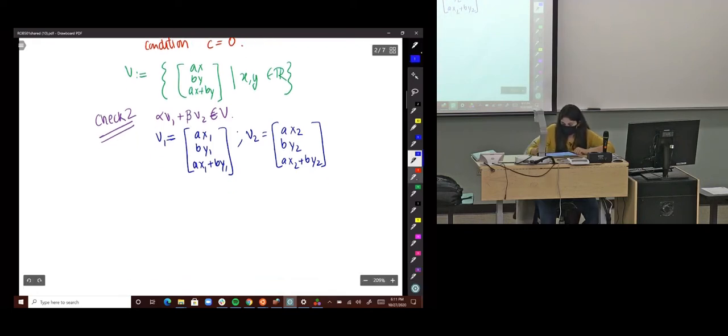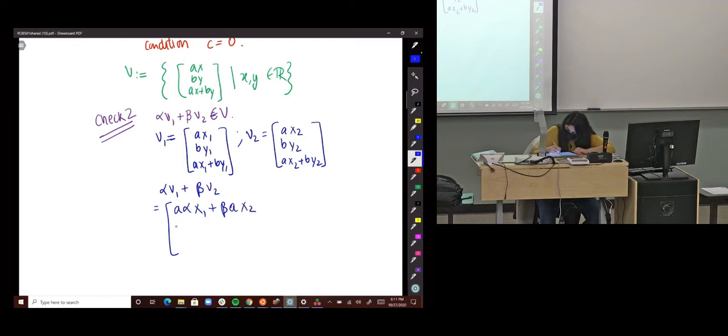So let's check that. Let's multiply alpha V1 plus beta V2. That becomes a times alpha times x1 plus beta times a times x2.